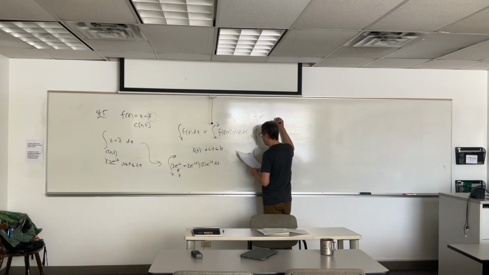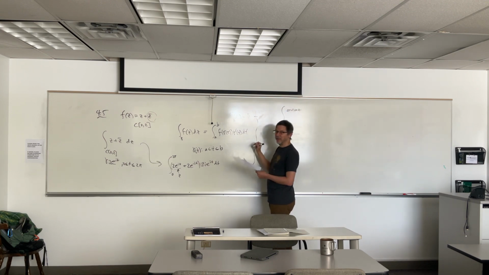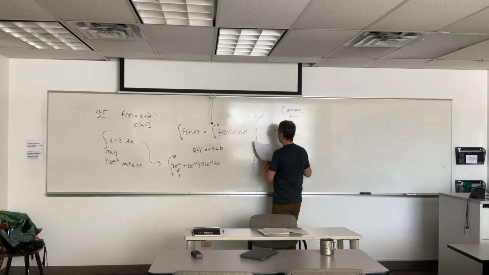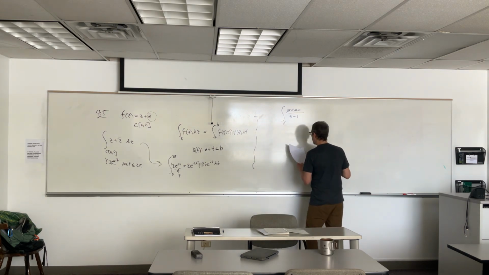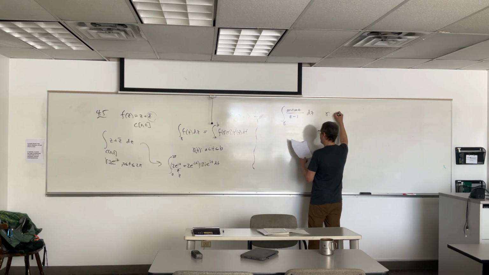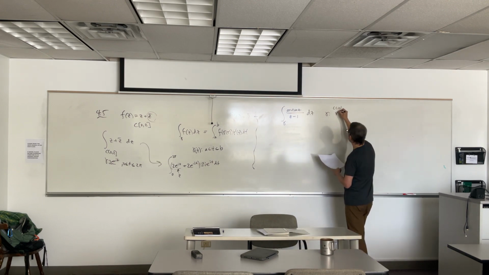So, my friends, how about this one here? We've got the integral of the arctangent of z over z minus 1 around the curve gamma, and gamma is defined by this ellipse, so it's a counterclockwise traversing of this ellipse right here.